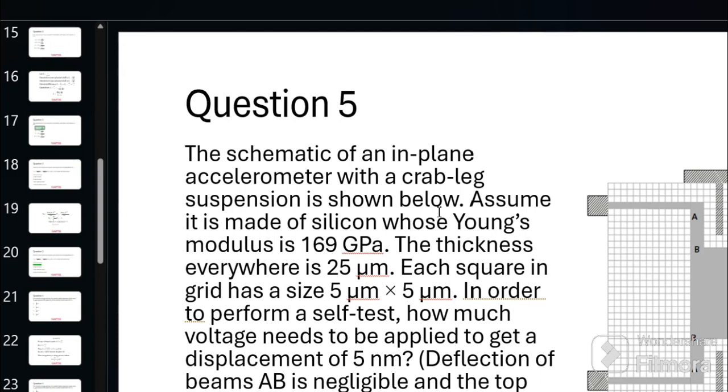For the fifth question, this is a numerical type of question. The schematic of an inclined accelerometer with crab-leg suspension is shown below. Assume that it is made of silicon whose Young's modulus is 160 megapascal. The thickness everywhere is 25 micrometers. Each square grid has a size of 5 micrometer by 5 micrometer.